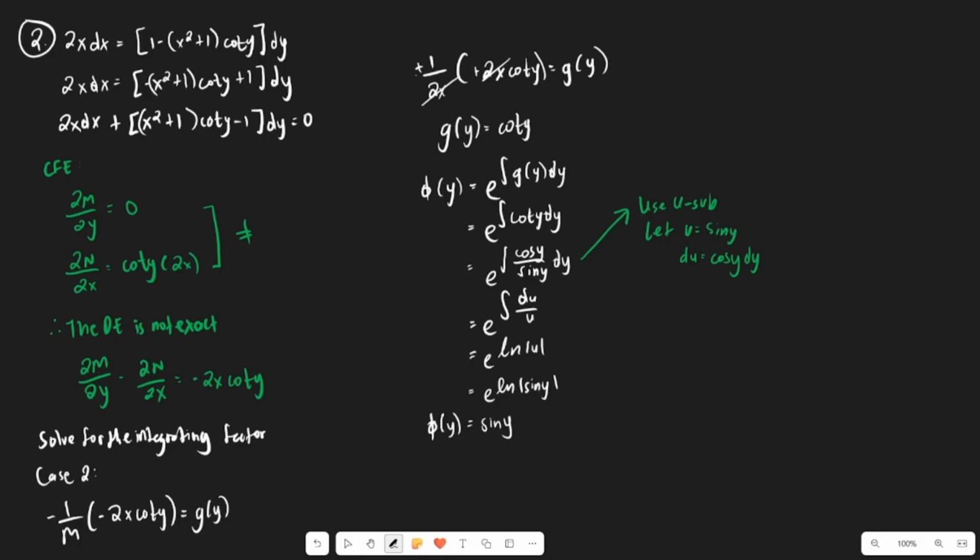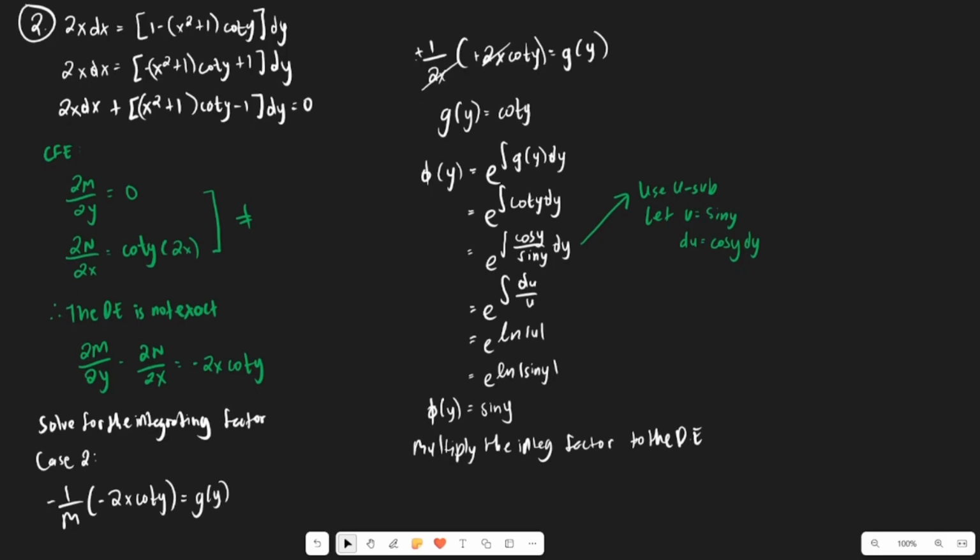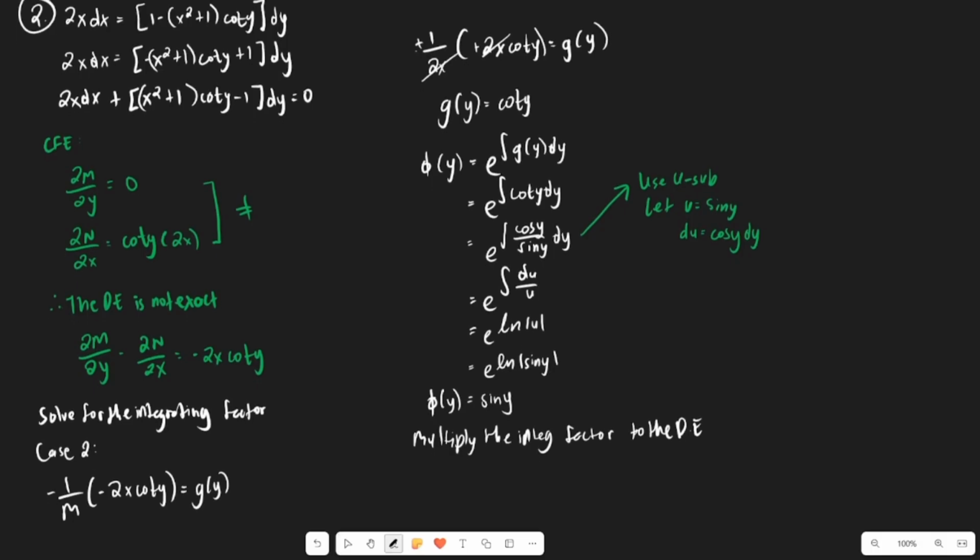Now we multiply the integrating factor to the original dE, which is this one.